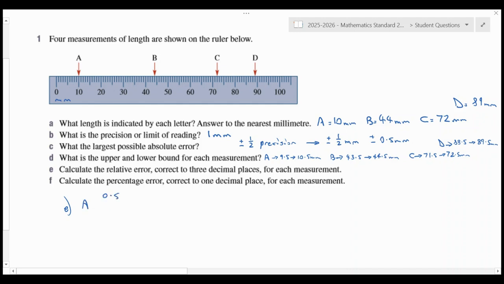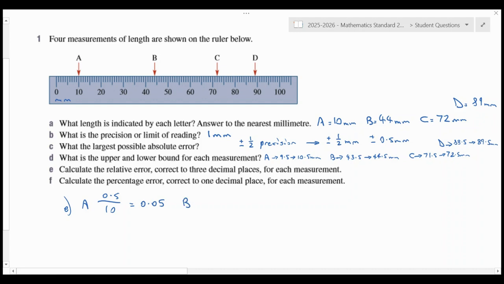So we've got 0.5 over 10. I'm bringing up a calculator because, well, I can. So 0.5 divided by 10 equals 0.05.